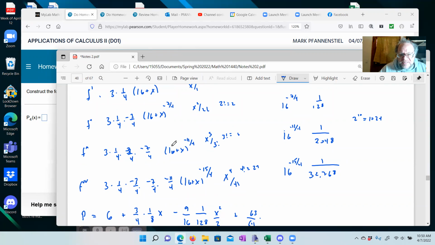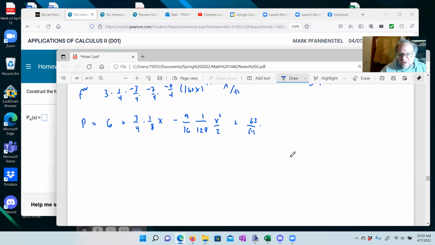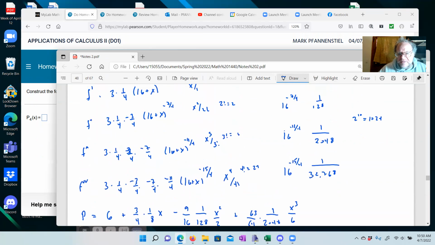We are at 16 to the negative 11/4. So that was 1 over 2048. We have an x cubed divided by 6 here. 3 times 2 times 1. Okay, 3 times 2 times 1.